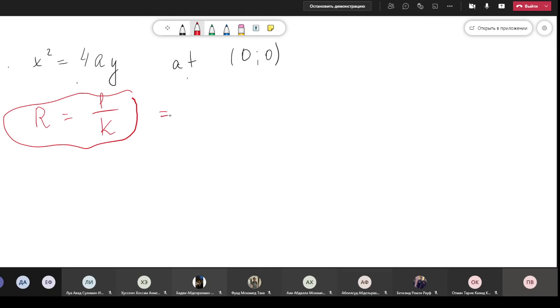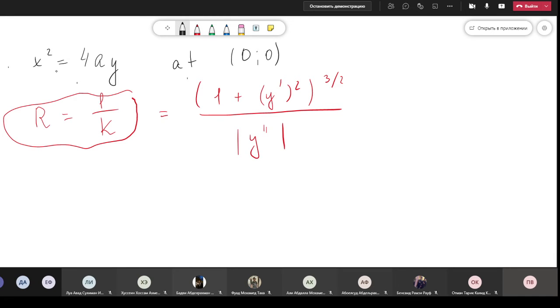Maybe I write it down this way: 1 plus y prime squared with power 3 over 2, over the modulus of y2 prime. Yes, just stay in the denominator, and in the numerator.